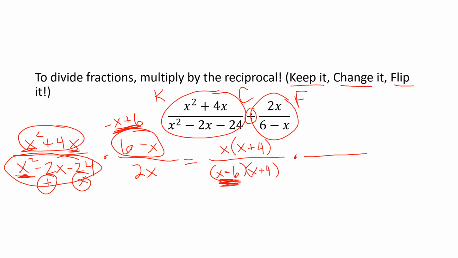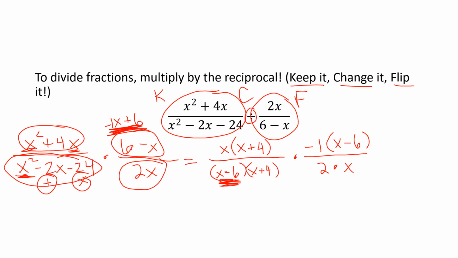But if you take out a GCF, in fact, if you think of this as a negative 1, we can factor out a negative 1. So if you divide by negative 1 right here, that would become a positive x minus 6 on top. Okay, that's kind of a quirky one. And then on the bottom, 2x, you could think about that as 2 times x. So it could be broken up in that way, 2 times x.